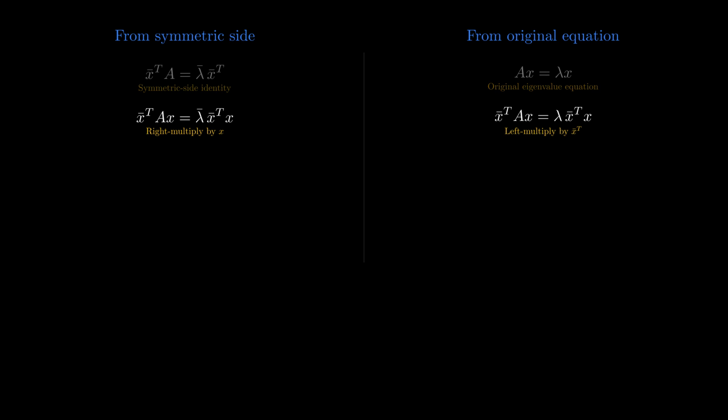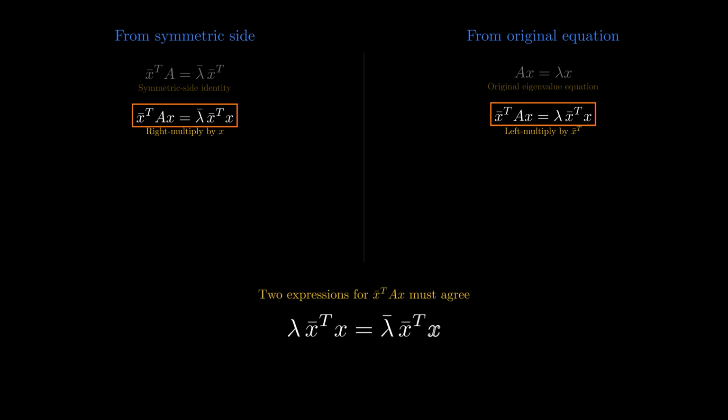The left side is x bar transpose A x, exactly the same expression as before. The right side is lambda times x bar transpose x. Now we have two expressions that both equal x bar transpose A x, so we can set them equal to each other. Lambda times x bar transpose x equals lambda bar times x bar transpose x.